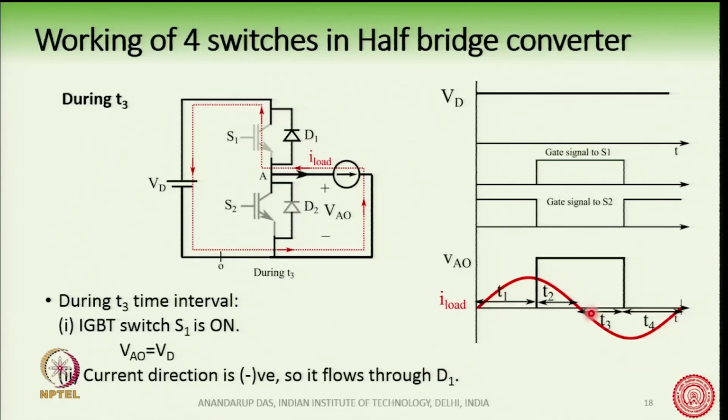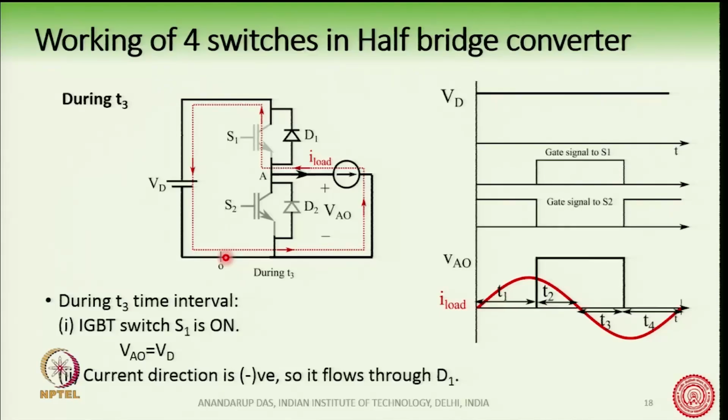In this case, since the current direction is negative, that means the current is now flowing from right to left here, the current must now flow through diode D1, and when diode D1 is conducting, assuming an ideal diode, the potential at this point and at this point becomes the same, and hence the voltage at point A with respect to point O will be equal to Vd.